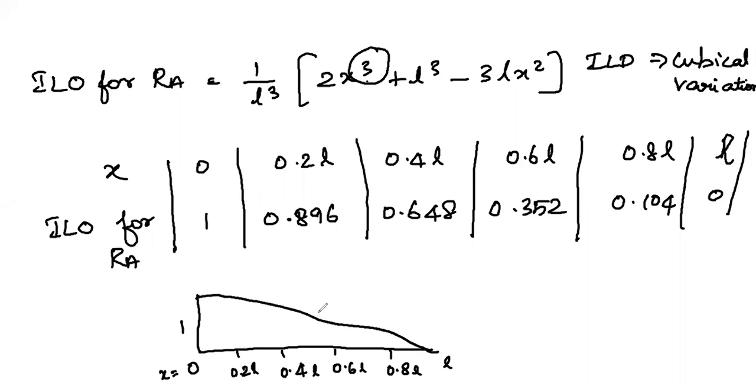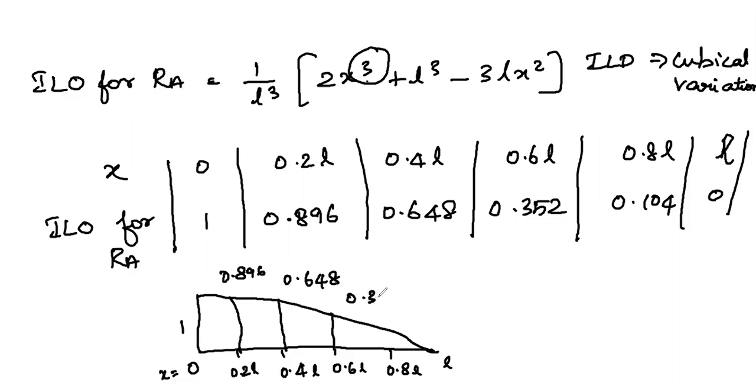This will not bend like this and all. So here your value will be 0.896. Here your value is 0.648. Here your value is 0.352. And here your value is 0.104. Here the value is 0.